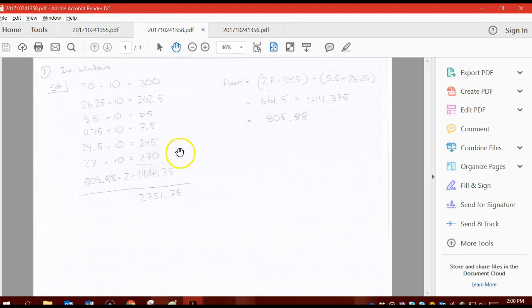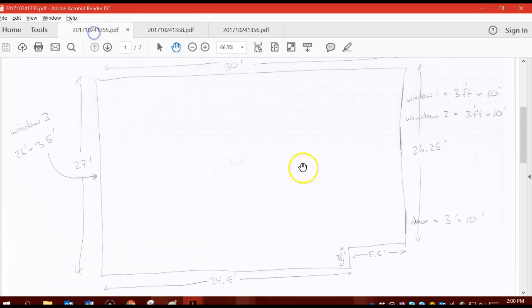Okay? Now, the thing about the floor is it's not an actual rectangle. So here's what I did. I drew an imaginary line right here. Okay? And basically I'm going to call this one rectangle and this another rectangle. I'll find the area of this one and then I'll add it to the area of this one. So the area of our larger rectangle was 24.5 times 27. That gives me the area here.